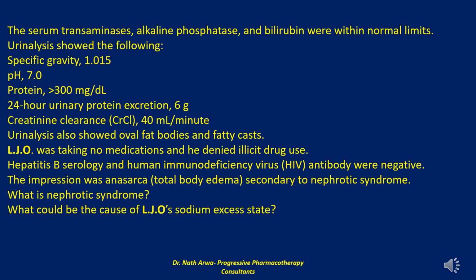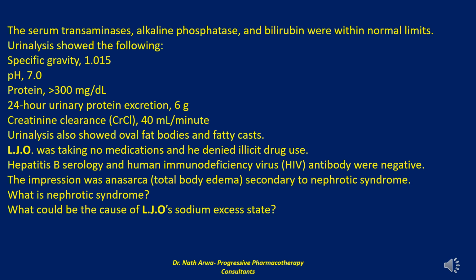Urinalysis showed the following: specific gravity of 1.015, a pH of 7.0, protein greater than 300 mg per deciliter, 24-hour urinary protein excretion of 6 grams, creatinine clearance of 40 milliliters per minute. Urinalysis also showed oval fat bodies and fatty casts.